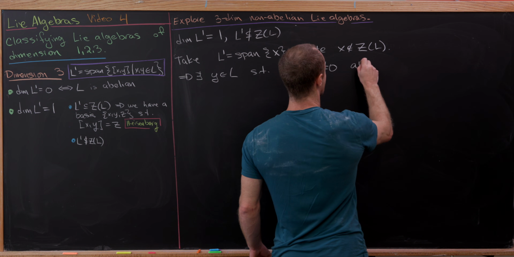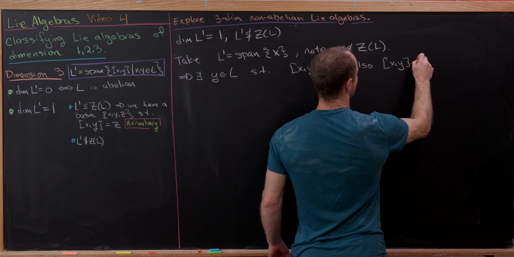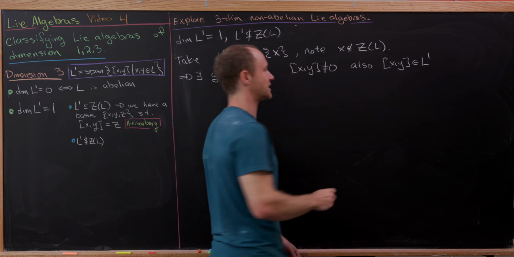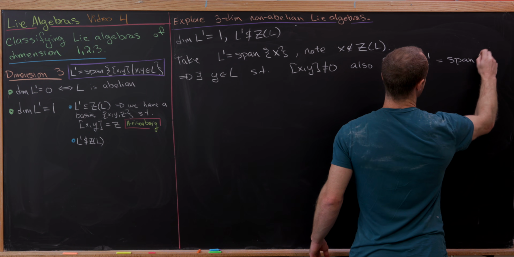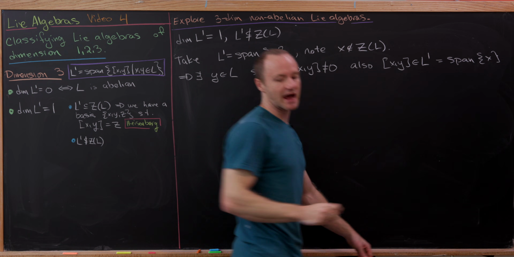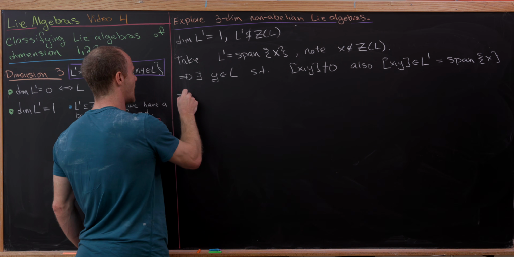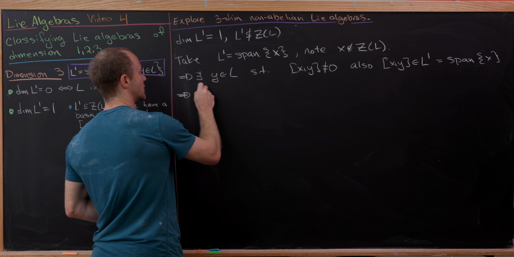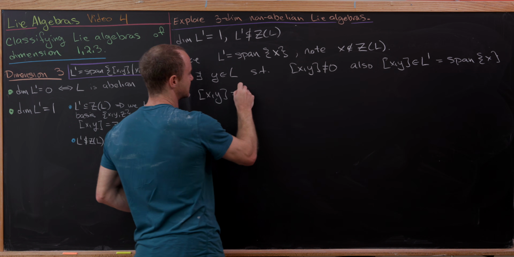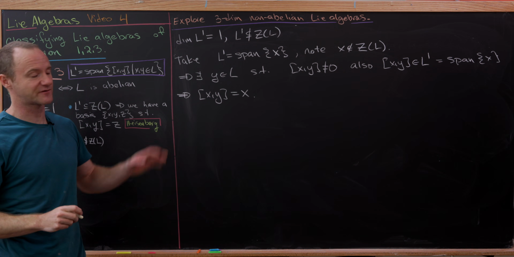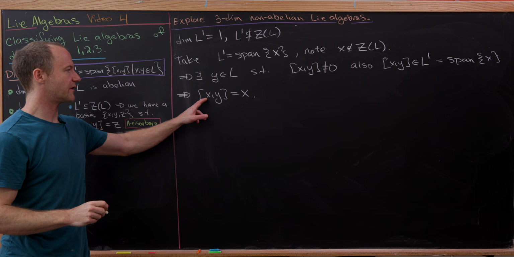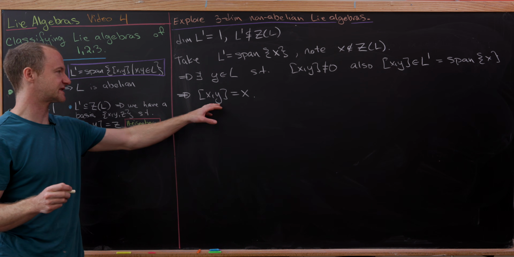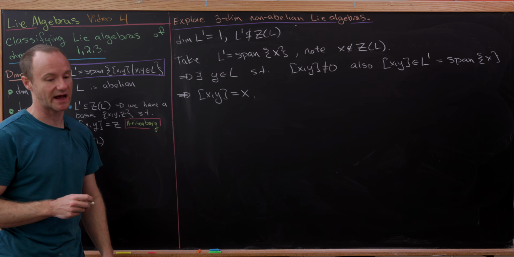But then also, we know that the bracket of x with y is inside the derived subalgebra, just by the definition of the derived subalgebra, which is spanned by this single vector x. Then that means that up to scaling, we can choose this y so that the bracket of x with y is simply equal to x. Again, that's after scaling. Really, we know that the bracket of x with y is a non-zero scalar multiple of x, but like I said, we're going to scale y so that this is simply equal to x.